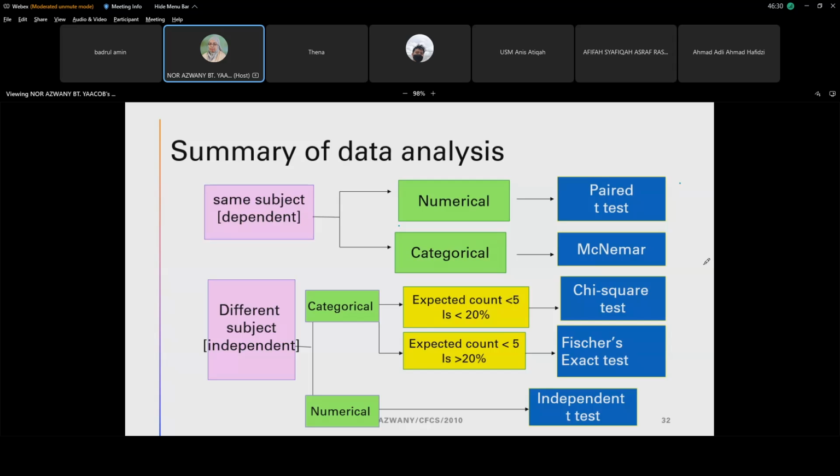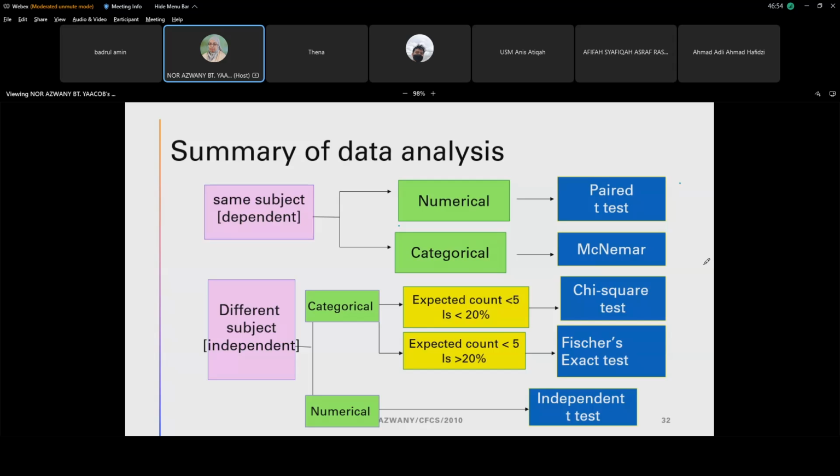But if the question is state and justify, then you have to say chi-square test because the independent variable is categorical, the dependent variable is categorical, and this is an independent study design. So you have to tell why you say this is chi-square. So it depends on the question.